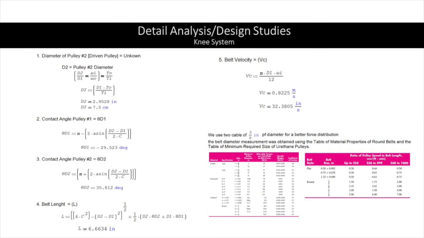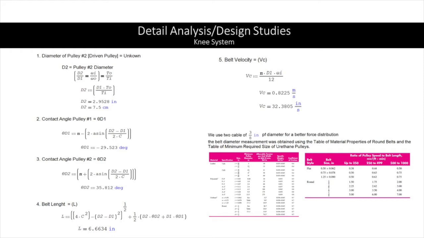After obtaining both contact angles of both pulleys, we then search for the belt length, which is defined as the square root of 4 multiplied by C, the center distance squared. From the result of that, we subtract D2 minus D1 squared, all to the power of 1 divided by 2, plus 0.5 multiplied by D2 by the contact angle of pulley 2 plus D1 by the contact angle of pulley 1.